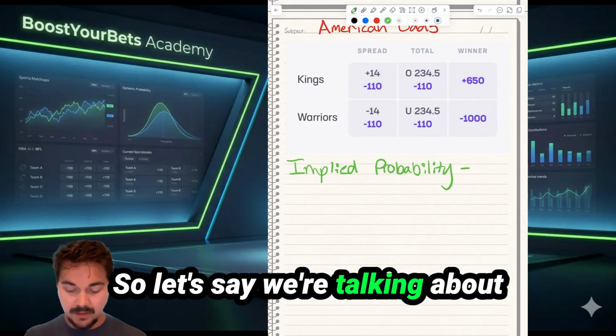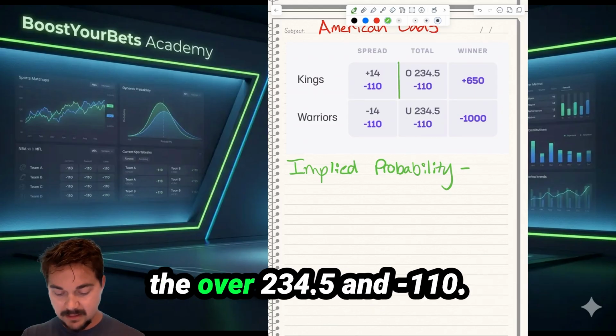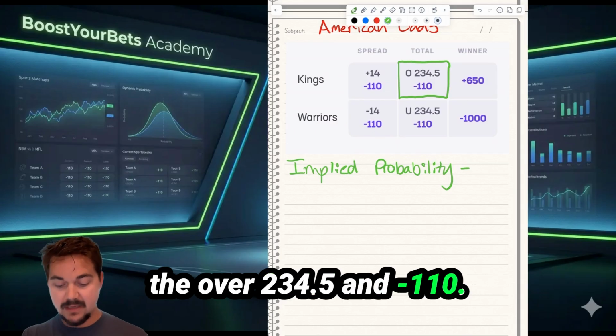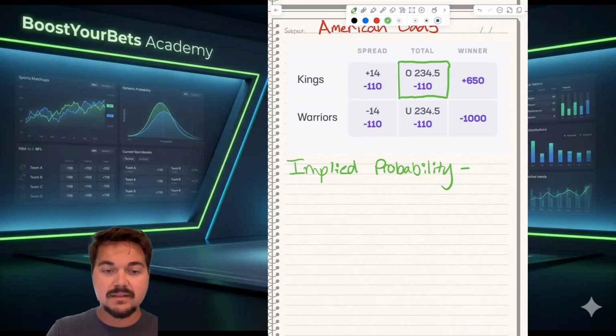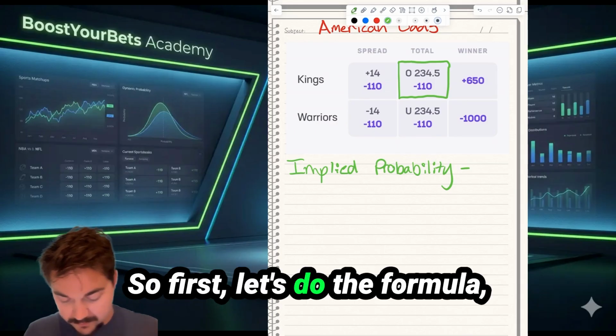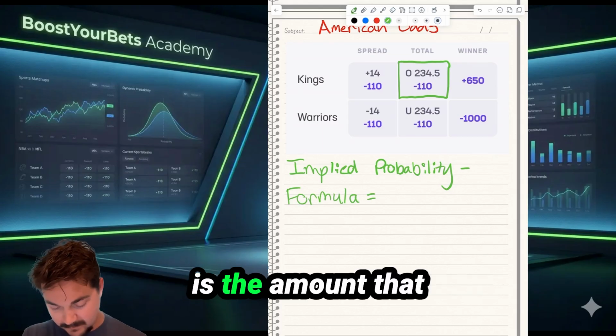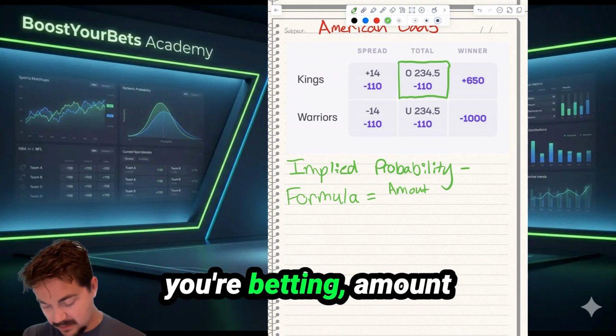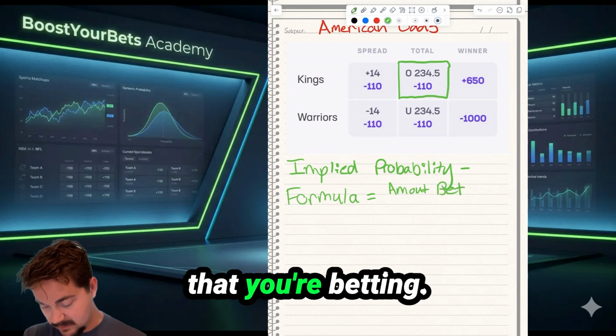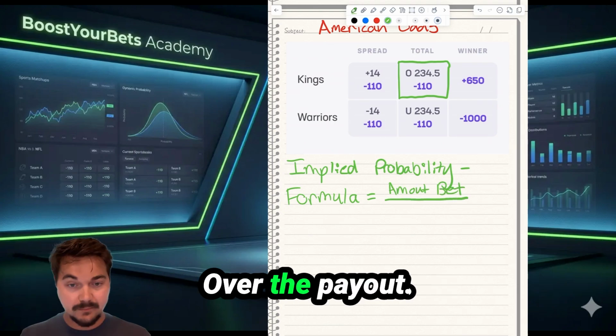So let's say we're talking about the over 234.5 at minus 110 odds. First, let's do the formula, which is the amount that you're betting over the payout.